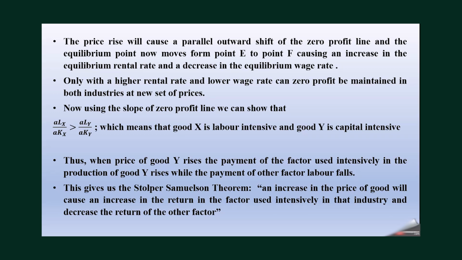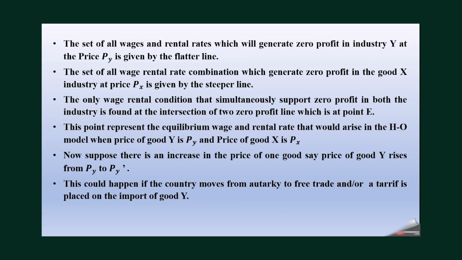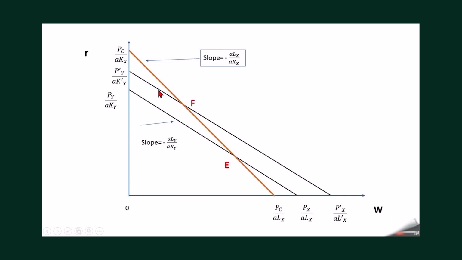The first impact will be that the zero profit line will parallelly shift rightward. This is denoted by the rightward black line in the diagram.